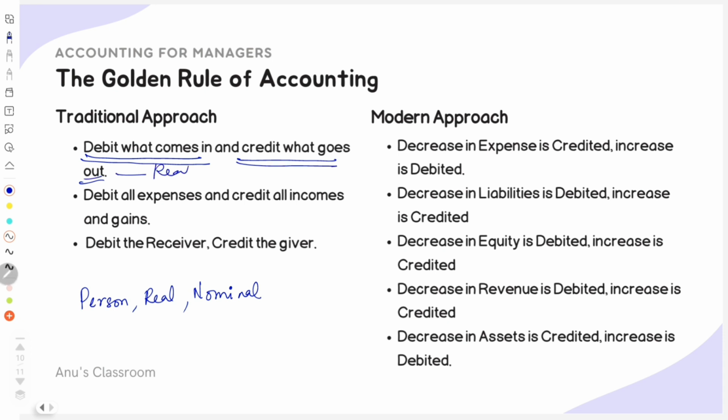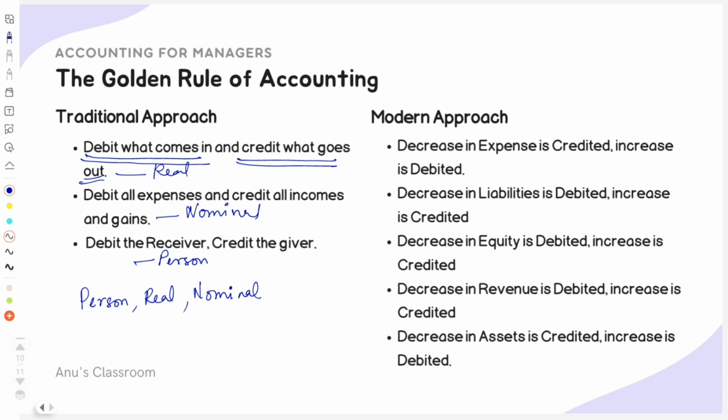If it is a nominal account, then debit all expenses and credit all incomes and gains. If it is a personal account, then the receiver has to be debited, whereas the giver has to be credited. So that is the golden rule of accounting in the traditional approach.